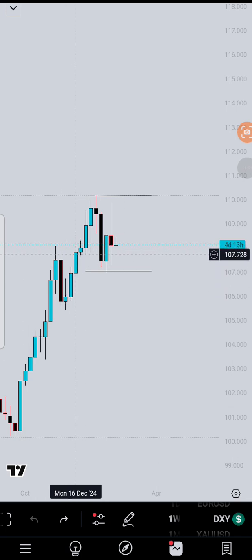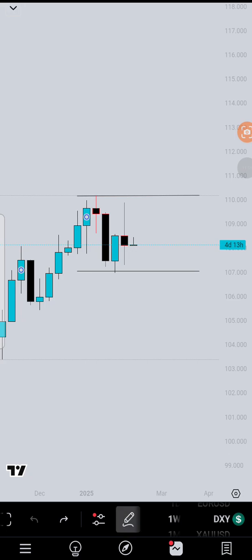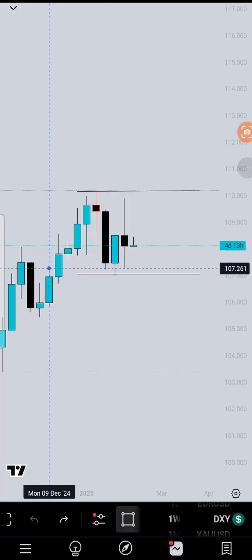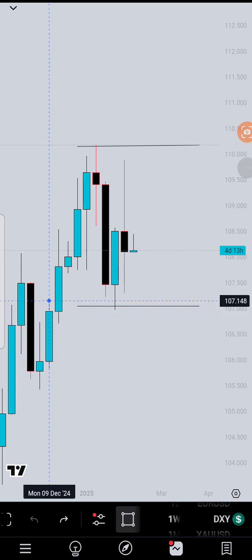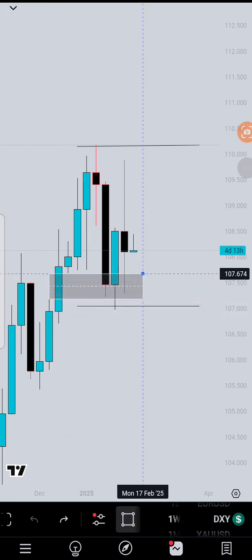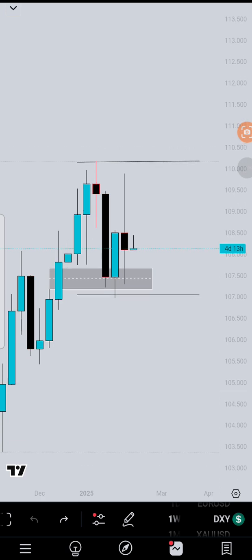We did react into these fair value gaps. The market was respecting these weekly fair value gaps. So if we have a rectangle to mark up this fair value gap, what you can see is the wicks are doing the damage, but the bodies are telling the story. You can see the bodies are closing above the midpoint.